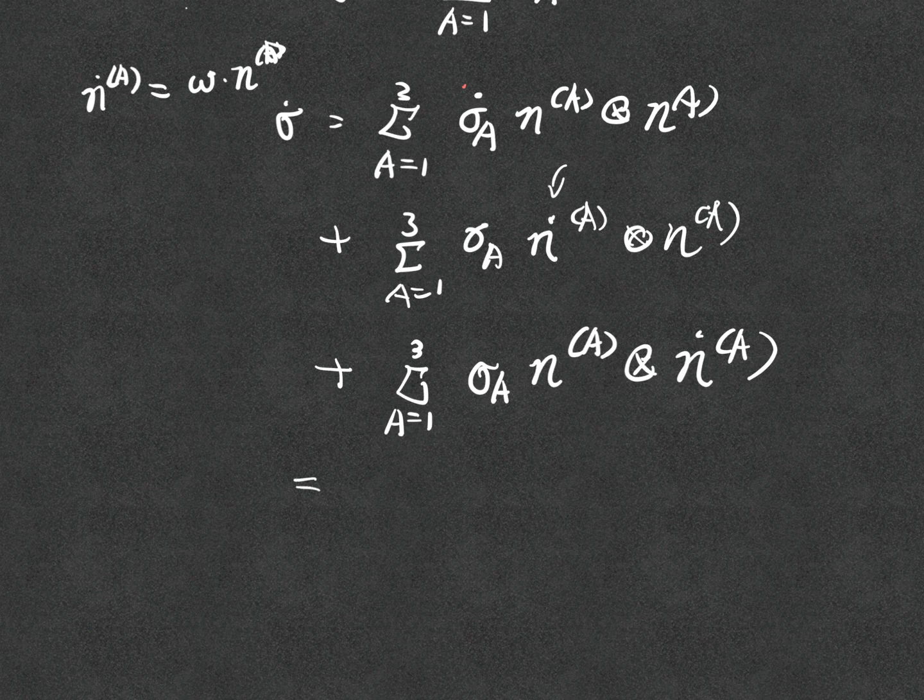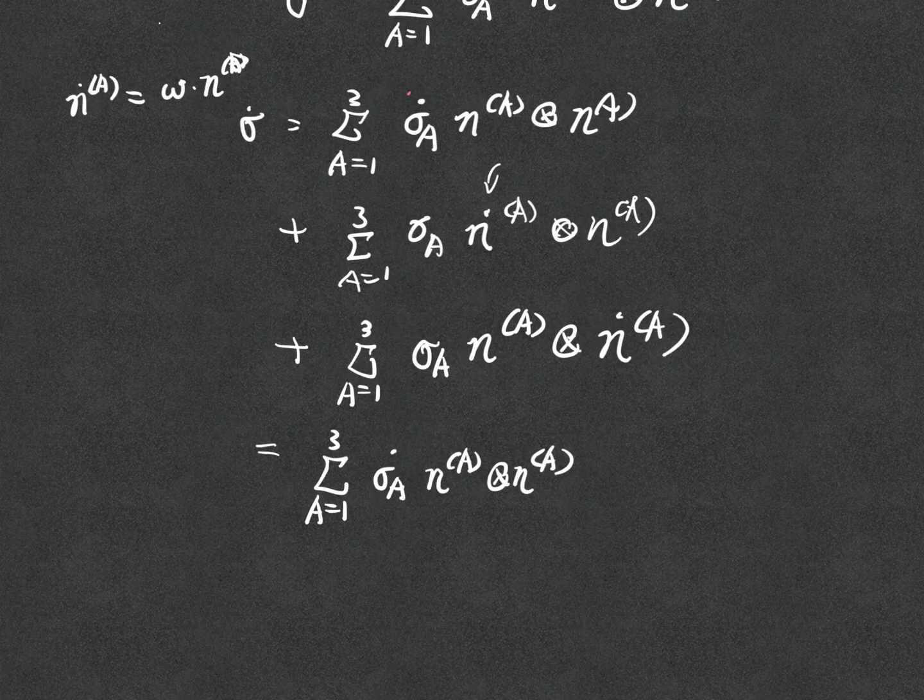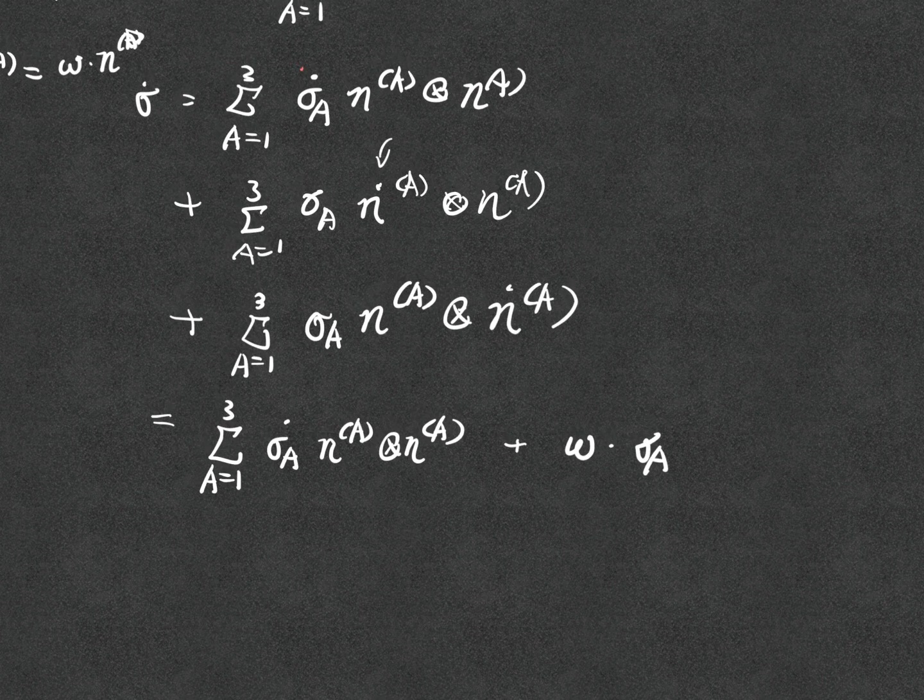I would have sigma a dot, the term that indicates the change of the eigenvalue given fixed directions, which is the first term, plus the spin term W times sigma a, minus sigma a dot W. Do you see why?